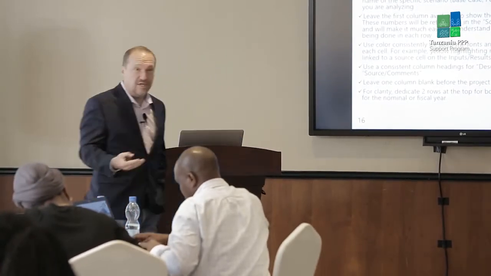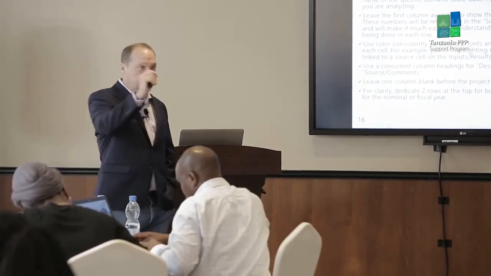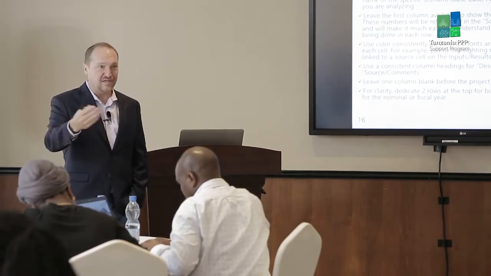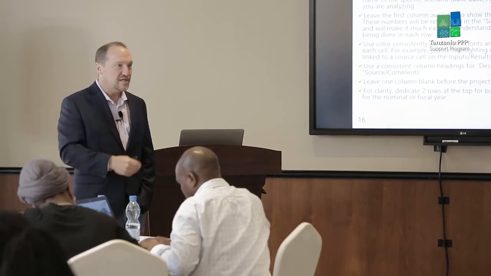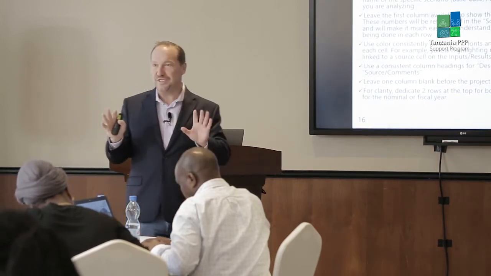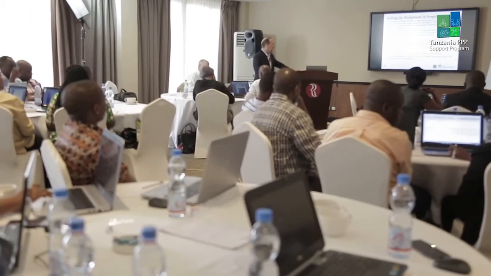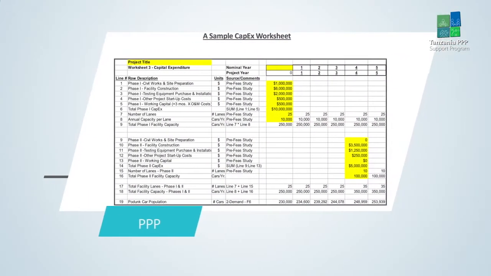You can use color consistently to show which are input cells that you can change, which are output cells that give you the results, and which are the cells that you should not touch, because if you do, you might risk interfering with the model itself. So I think I've showed you some of these.